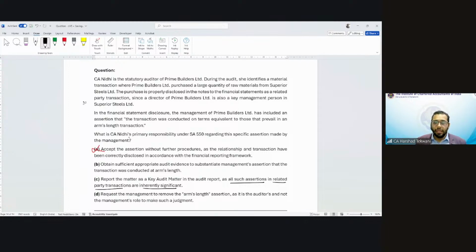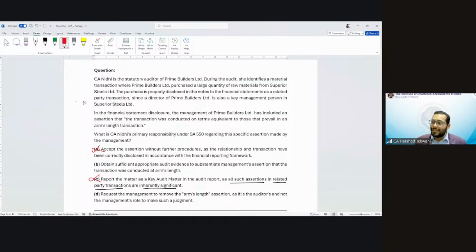What if the company has only one related party transaction? What if the company has a transaction which is kind of leasing? So it is not necessary that it is inherently significant. That is an incorrect statement. That's why it will not be C.